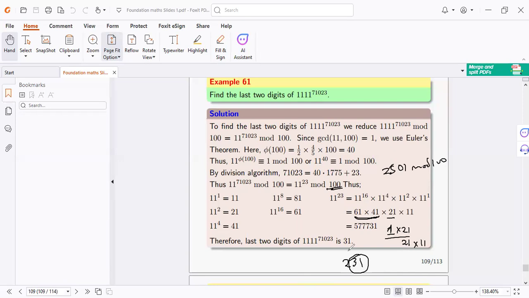The last 2 digits is what the question wanted. So if you find that these numbers could be bigger than what your calculator can accommodate, just do bits. Multiply first 2, then the answer you get multiplied by the next number, and the answer that you get multiplied by this next number. As you reduce, you do it modulo 100.